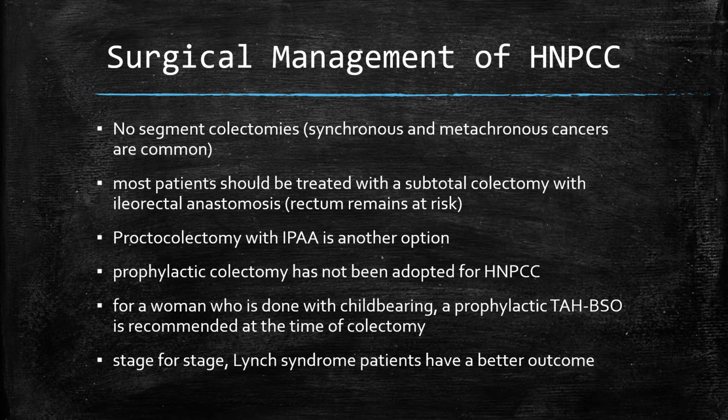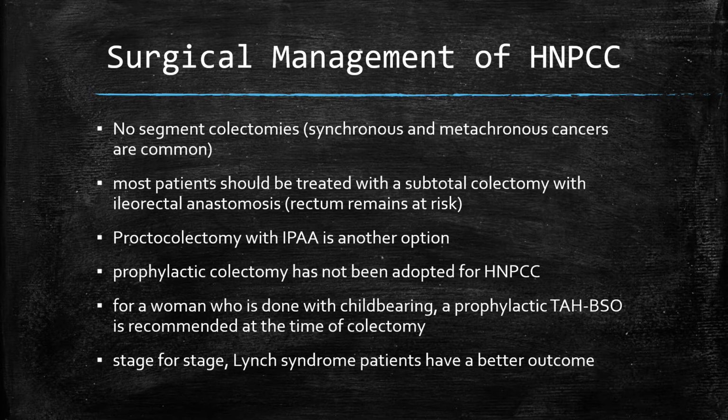My guess, and it's just a guess as to why this is a reasonable option for this patient, is because stage for stage, Lynch syndrome patients have a better outcome than the sporadic colon cancer patients. And since this patient isn't guaranteed to develop cancer in the remaining rectum, and if she does, presumably has a better outcome, it seems reasonable in most patients to just proceed with a subtotal colectomy.